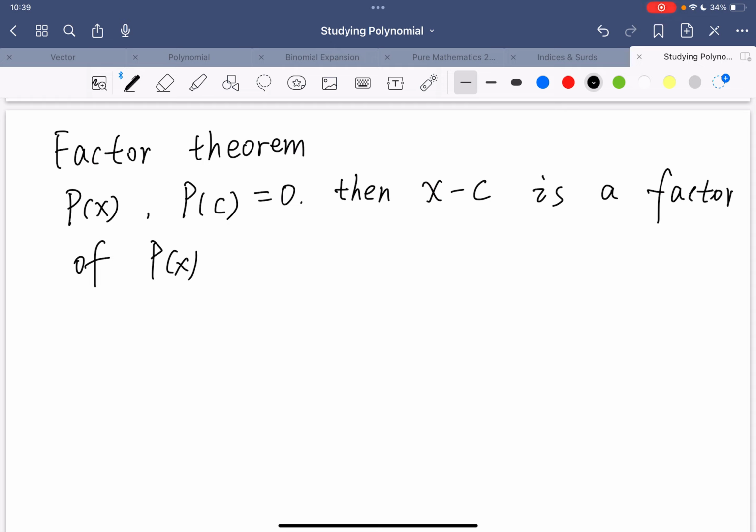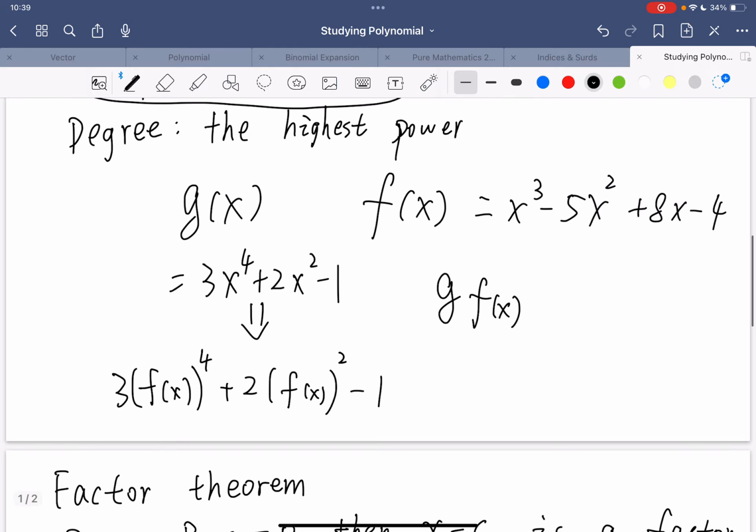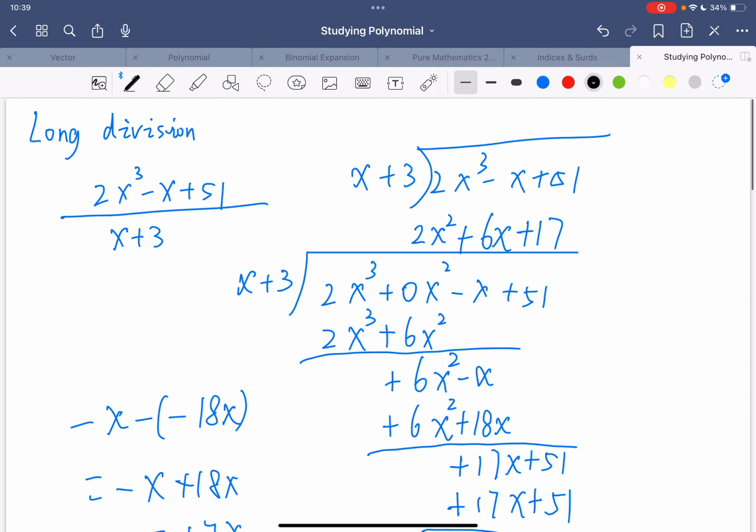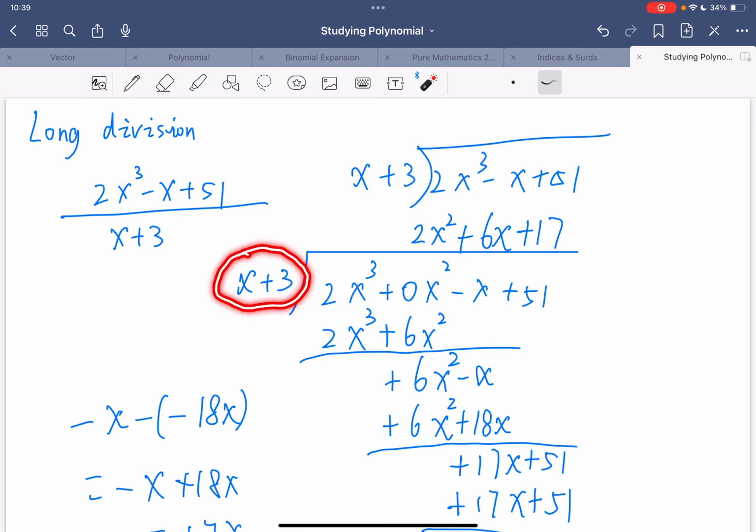Why should this happen? Because actually we can use an example to illustrate. So basically we use the expression here. You can see this expression x plus 3 is a factor of this expression, right?